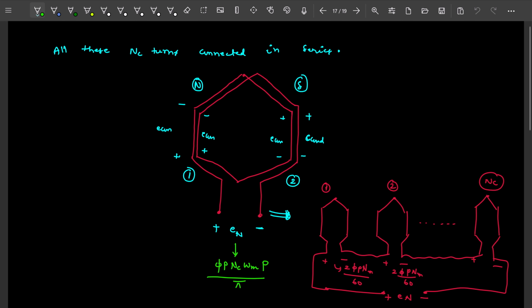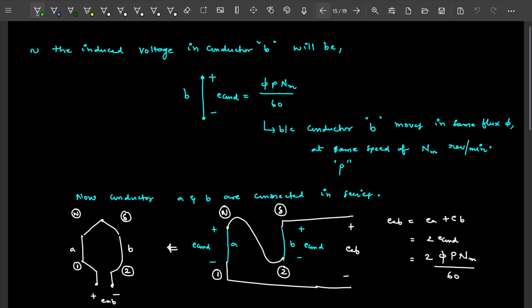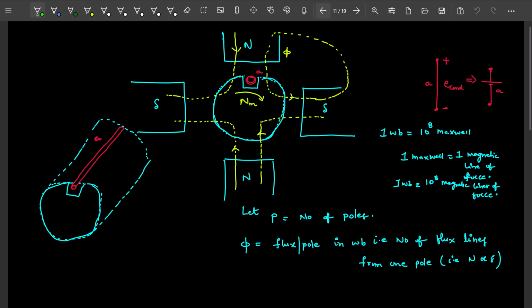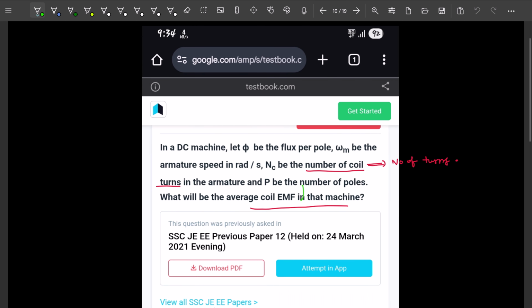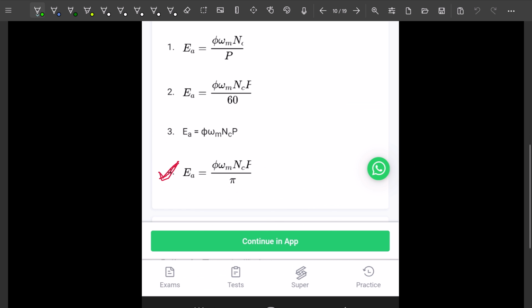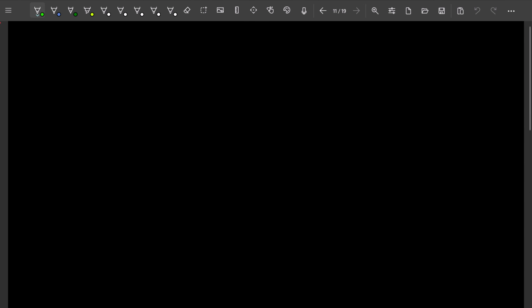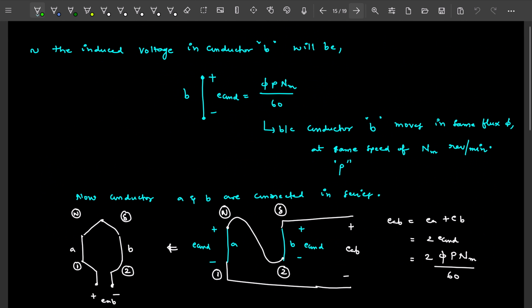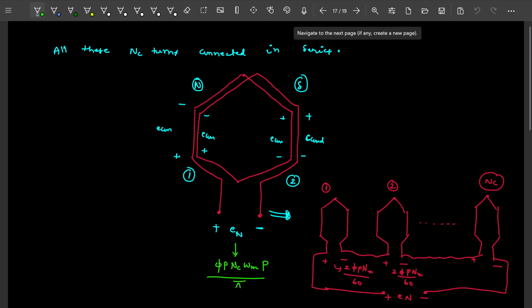Numerator 5 terms, denominator 1 term. One, two, three, four: 5 omega m NC P. This is for a P pole machine.